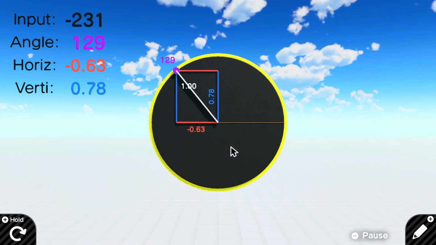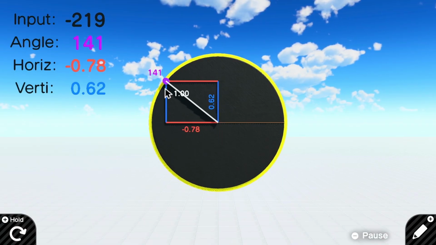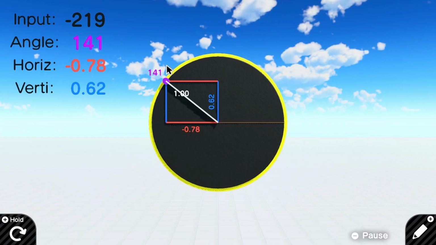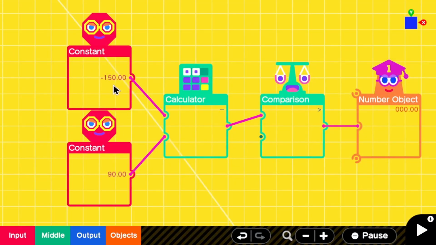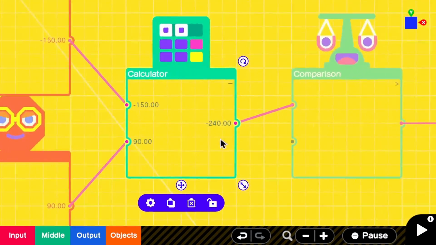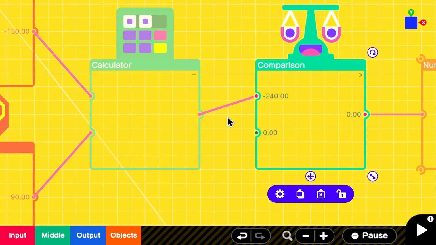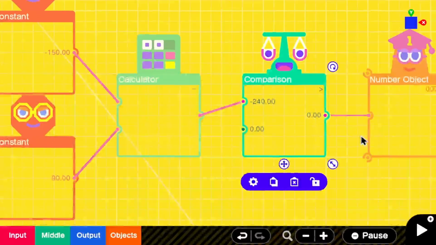And if we do that, we'll see that the result will be something positive. But mathematically, negative 150 minus 90 would still be negative 240. So if we want to check if the angle is positive, this wouldn't really work. This comparison just sees a negative 240, so it still outputs a 0.